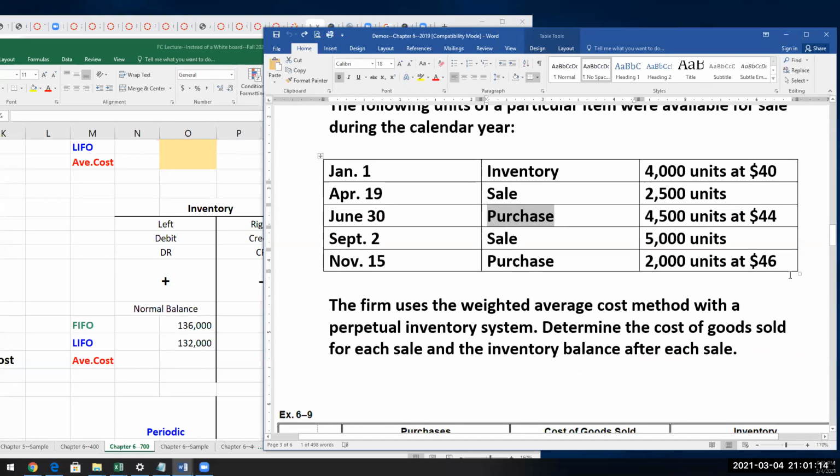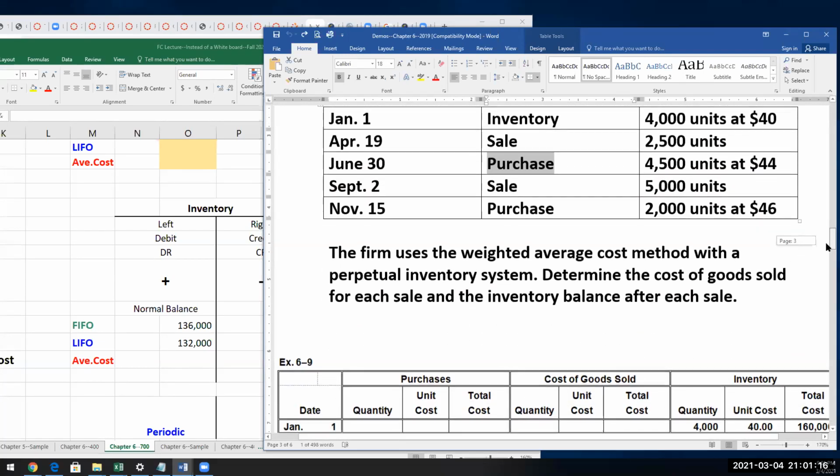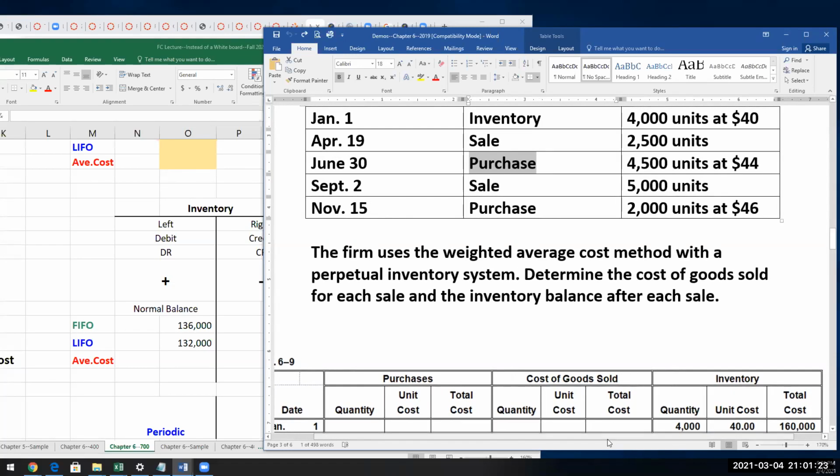So here we go. The very first line is identical. Nothing's changed. Why? Because we had 4,000 items at $40 each, 160 grand. No change. And the second one is a sale. No change. We haven't had a purchase, so it's identical because we have not calculated a new average cost because we don't need to.